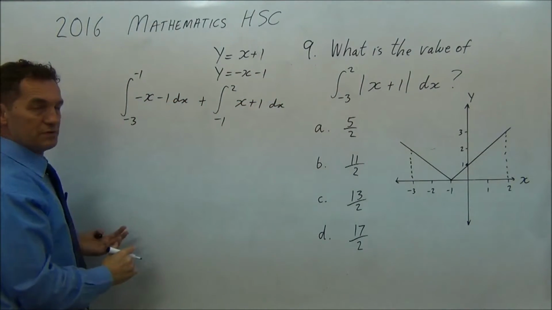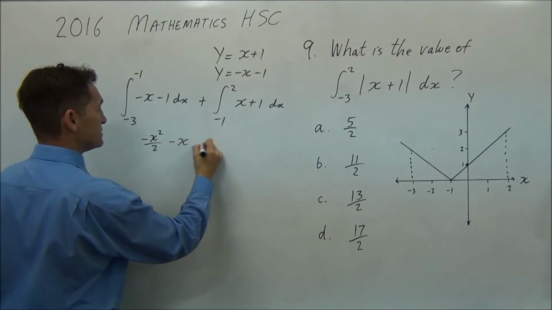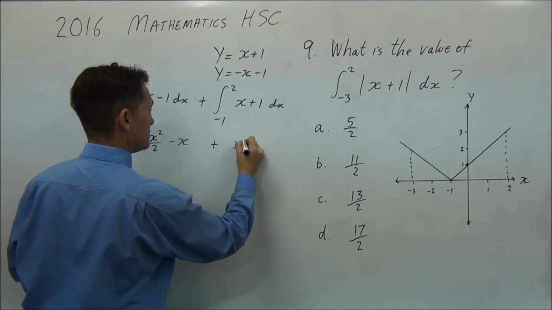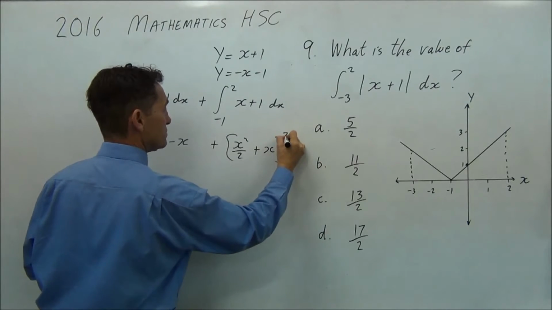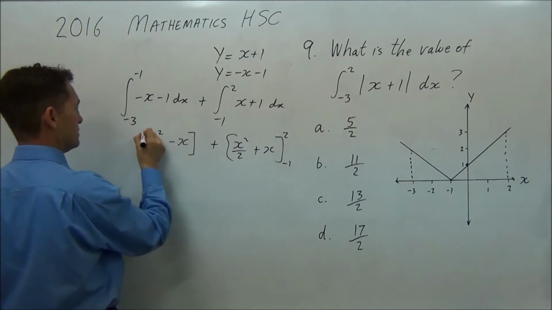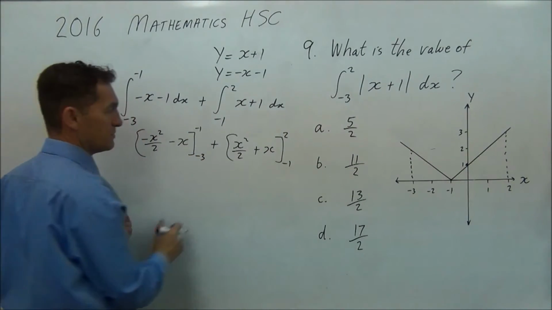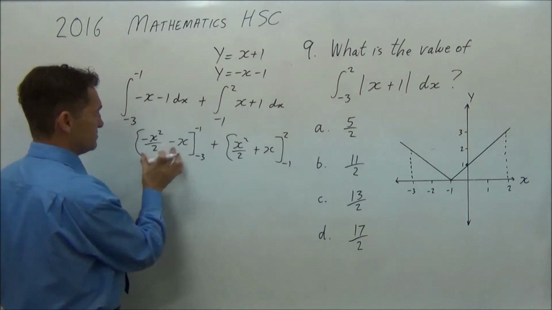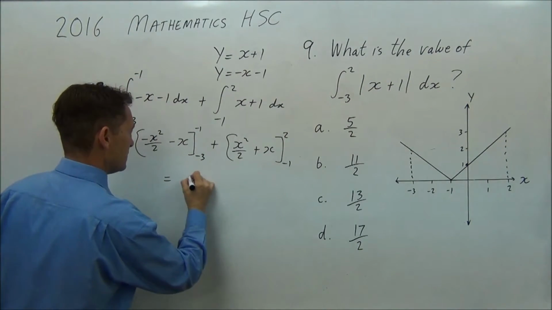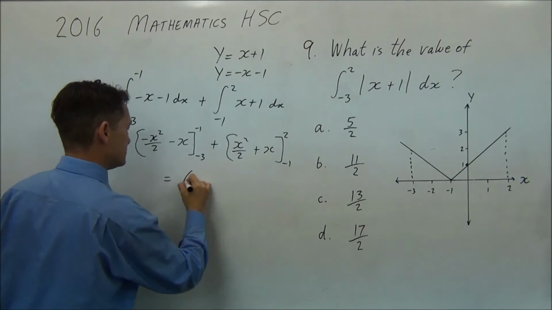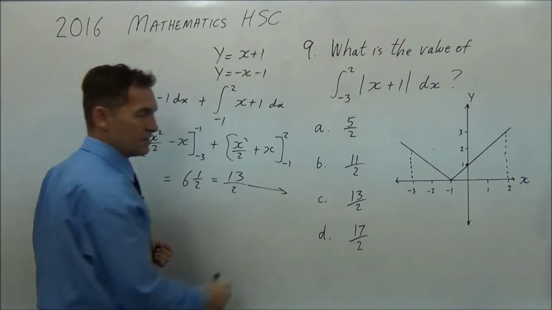If I integrate those, you'll get minus x squared on 2 minus x plus x squared on 2 plus x, and you substitute in your points, 2 and -1, and then you substitute in these points of -1 and -3, and you fill out all the numbers, and you put the -1s in, take away that, do that, and you ultimately end up with an answer of 6.5, which equals 13 on 2. So you do get that answer.